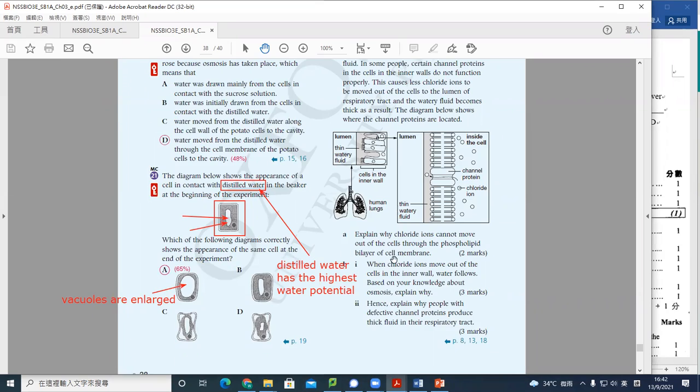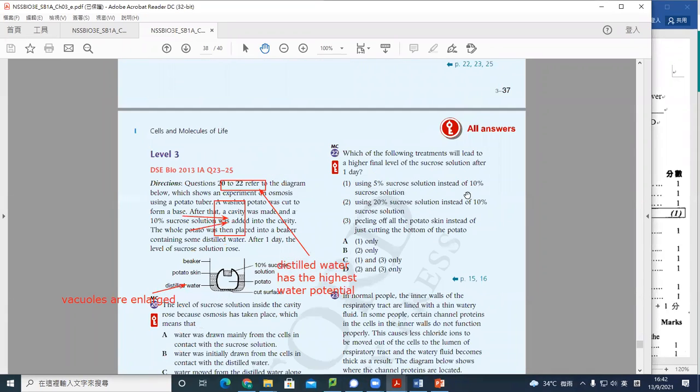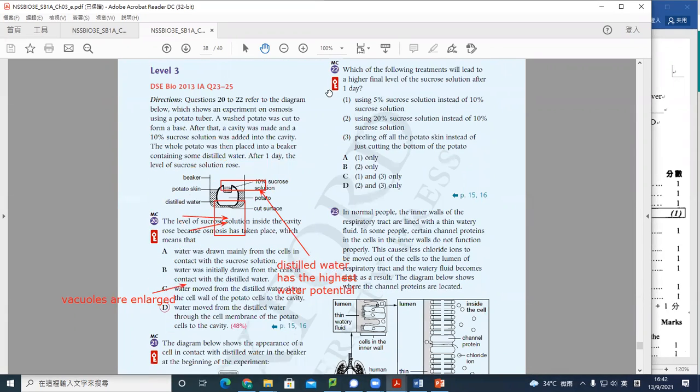21A. 22 is a very difficult question. Okay, which of the following treatment will lead to a higher final level of sucrose solution? Let me take the first one. Okay, statement 2.